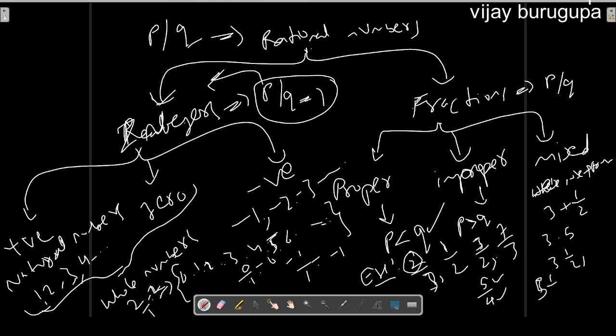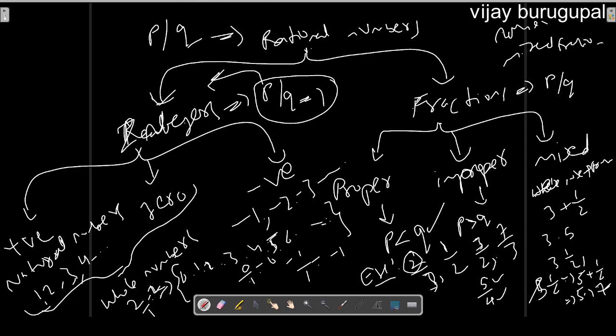Similarly 5 1 by 6, that means 5 plus 1 by 6, that equals 5.17 something like that. So this is also a mixed fraction. So anything that can be written in the form of a number plus a fraction is called a mixed fraction.